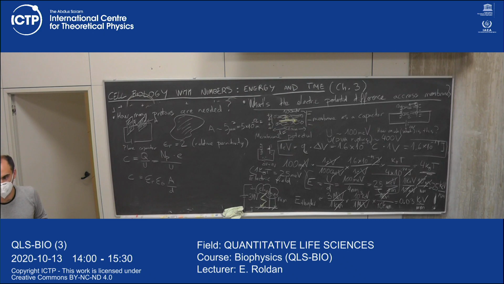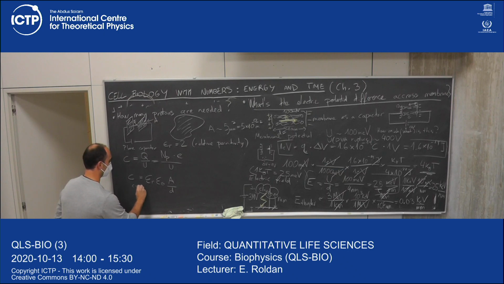That's the capacitance of a plane capacitor. If I tell you this is a sphere, the formula will be different. This is the capacity, capacity or capacitance? I'm sorry. Capacitance. Capacitance of a plane capacitor.